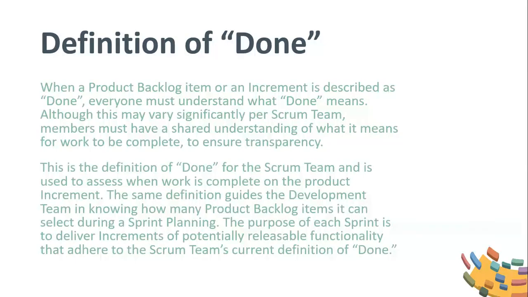This is the definition of done for the Scrum team and is used to assess when work is complete on the product increment. The same definition guides the development team in knowing how many product backlog items it can select during sprint planning. The purpose of each sprint is to deliver increments of potentially releasable functionality that adhere to the Scrum team's current definition of done.